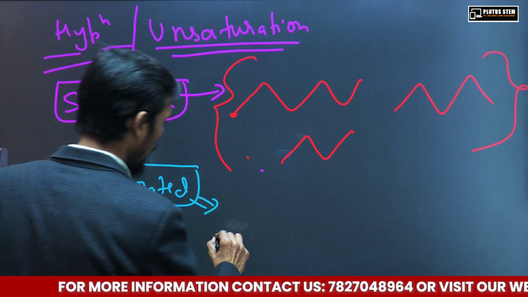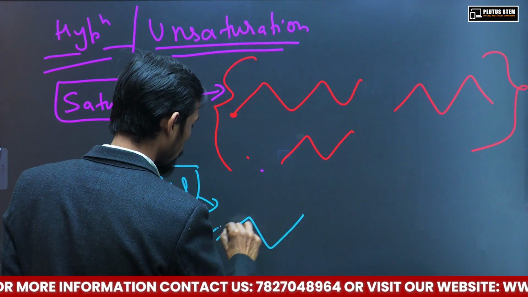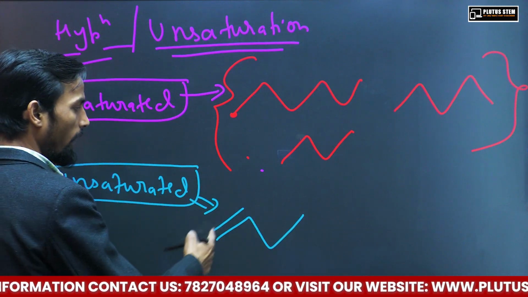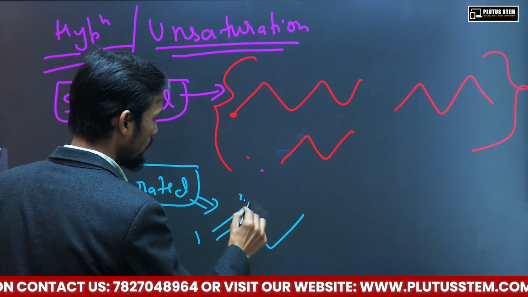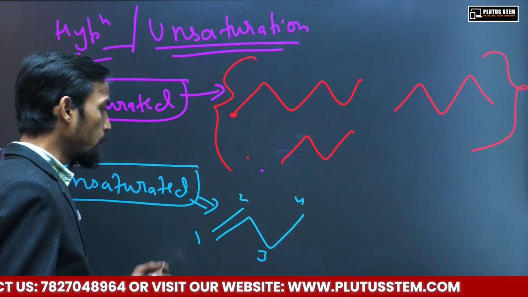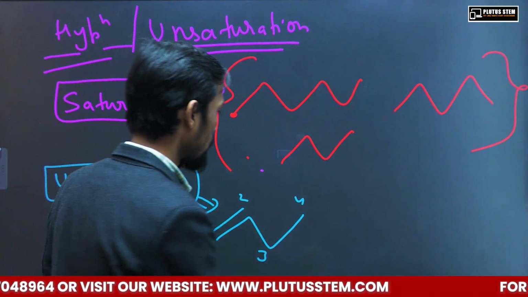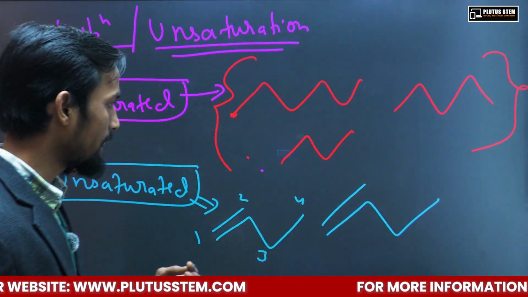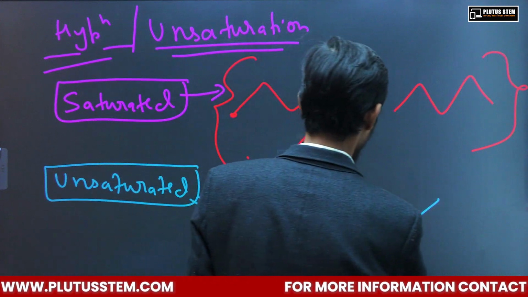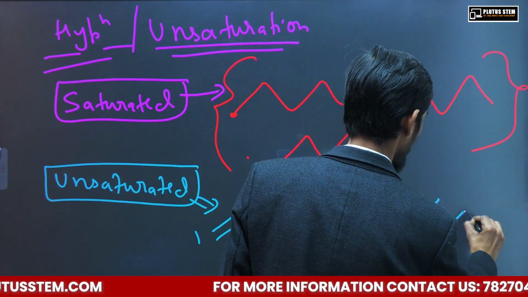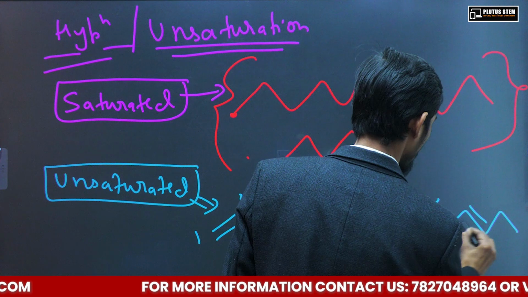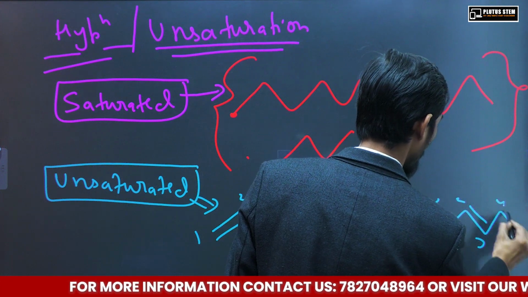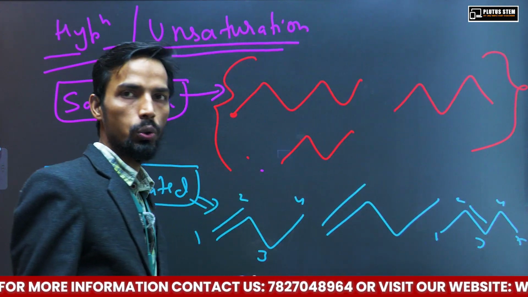Today, I will just make you understand that this is butene: 1, 2, 3, 4 carbon, but-1-ene. This is prop-1-ene. This is 1, 2, 3, 4, 5, pent-2-ene.